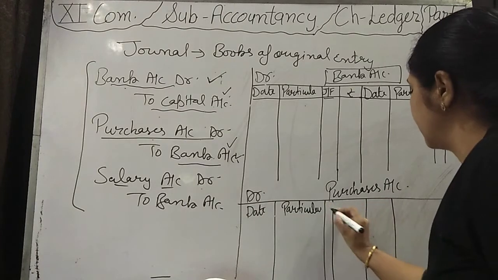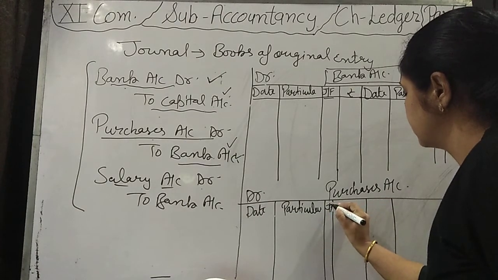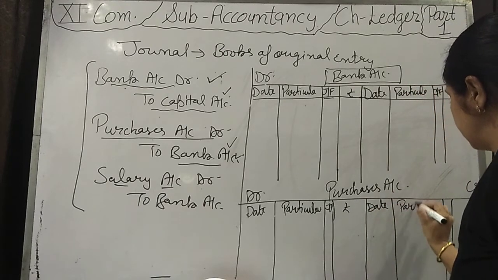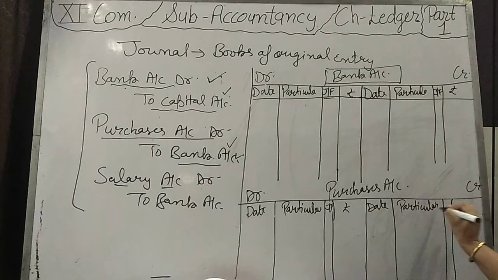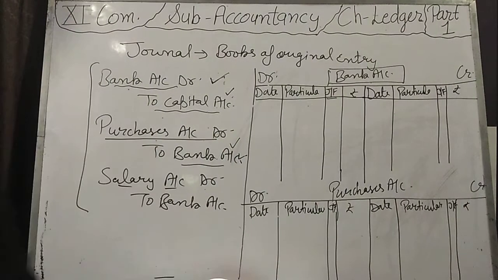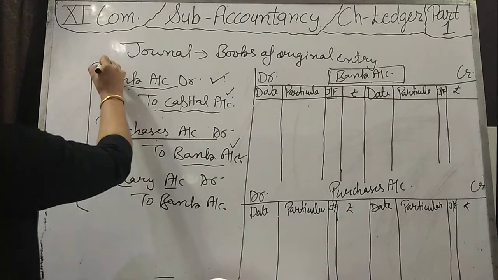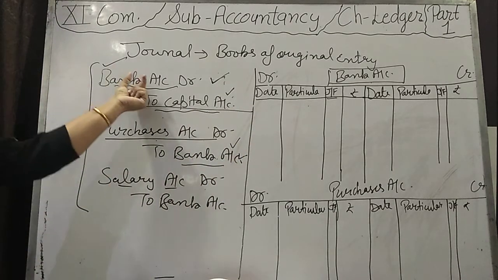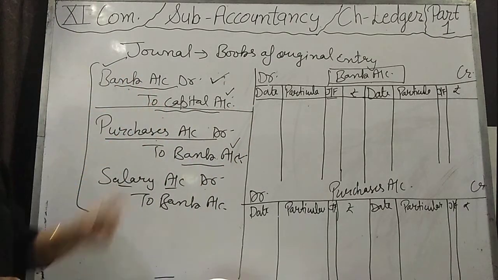Now how do we make these accounts? See this. Date, particular, journal folio and amount. Okay. Now see the first journal entry. Bank account debit to capital account. In this we have used 2 accounts, bank account and capital account.